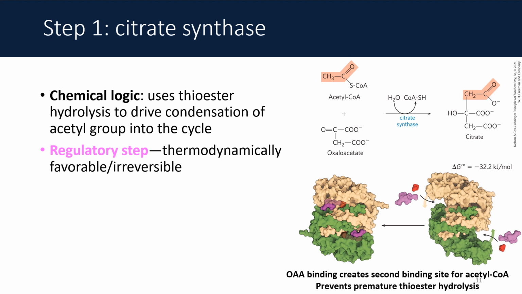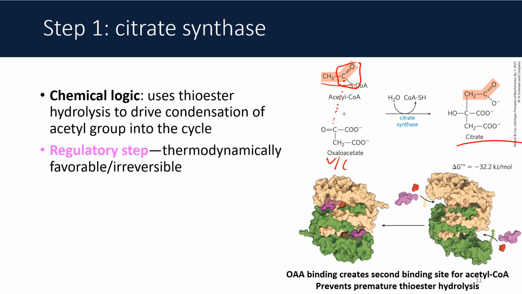And now we dive into the individual enzymes. Step 1, citrate synthase. We take our oxaloacetate, a 4-carbon organic acid, and we combine it with our 2-carbon acetyl-CoA, and bam, we get citrate. The chemical logic of this step is that we employ thioester hydrolysis to drive condensation of the acetyl fragment onto that carbon of oxaloacetate.